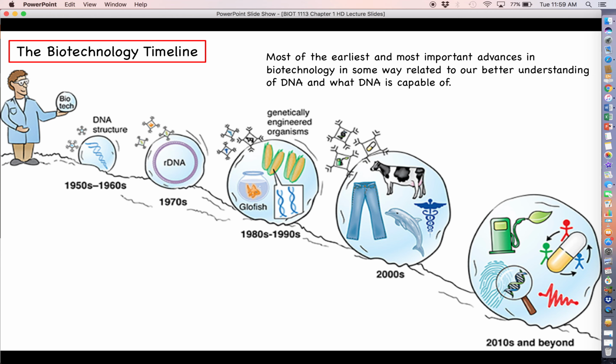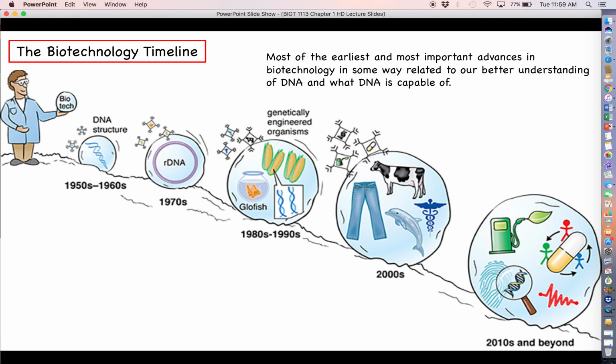So if you put all this information together in a biotechnology timeline, hopefully you've noticed how important DNA is to everything. Really none of this could have possibly gotten started until we learned as much as we possibly could about DNA, and particularly human DNA.